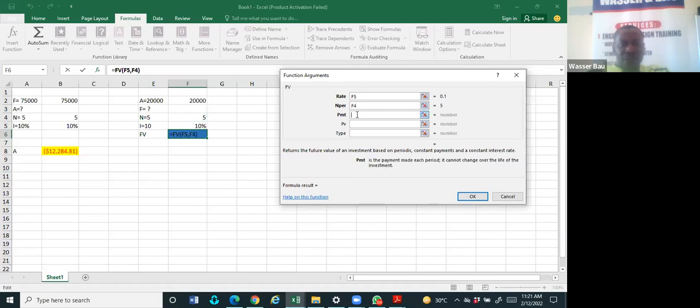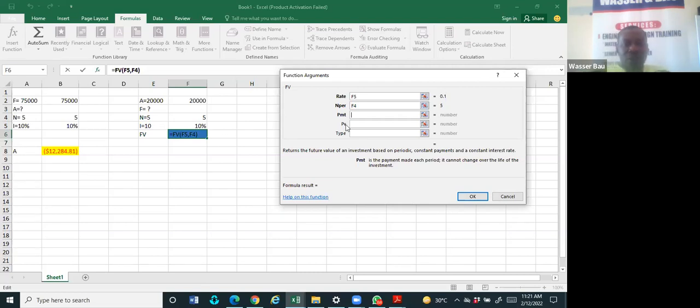The payment, you see payment now, PMT, because you won't see A. Just know that A is PMT, payment, savings or payment, whichever way. When it's payment, it means it's a cash outflow. When it's a savings, it's a cash inflow. So this difference is plus or minus. And in Excel, once a value is minus, Excel will give it to you in brackets. So all you need to do is put minus in front of that value.